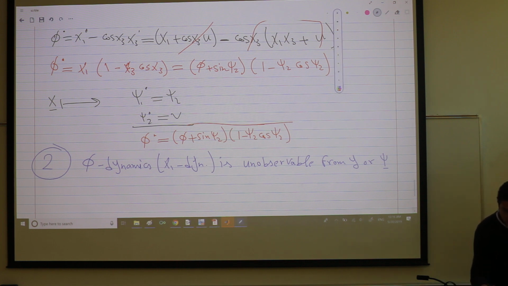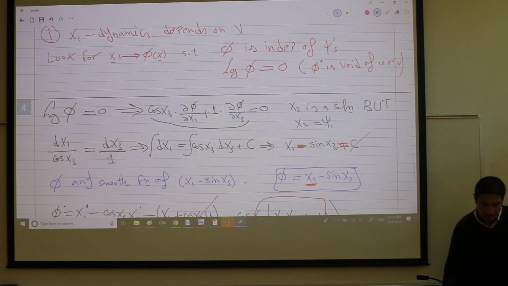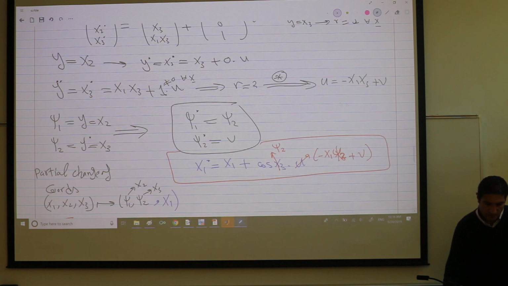Let's recall here our input to complete the picture. Remember, the input was negative x1, x3, so x1 here is phi plus sine psi2, x3, which is psi2 plus v. This was the input from above here.